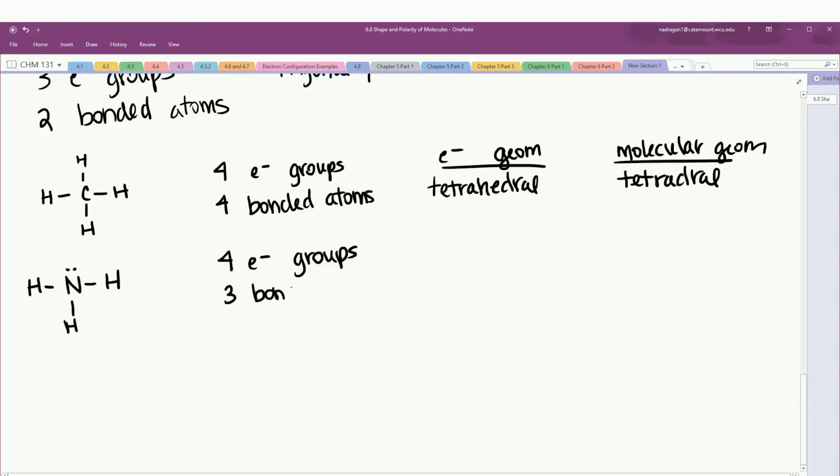So the bonded atoms are the ones that have the lines between the central atom. So our electron geometry is still tetrahedral. So we have 4 electron groups, but our molecular geometry is trigonal pyramidal here in the middle.